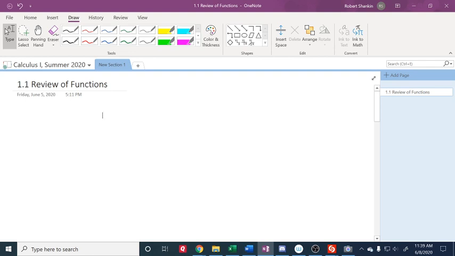And by the way, all the notes that I take in this, you'll have access to. There's in Canvas, one of the announcements about OneNote is how you can get access to this.